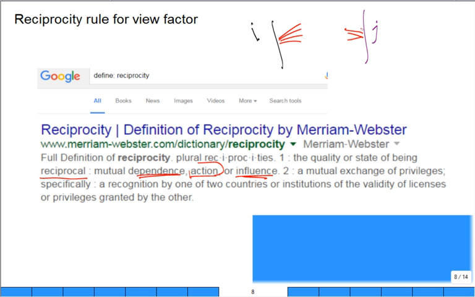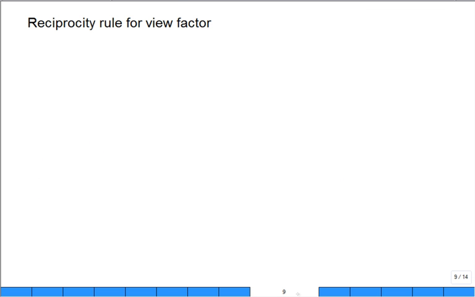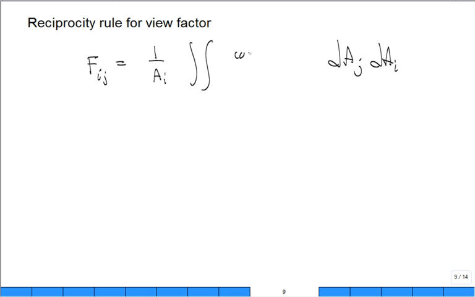If I can see you, you can see me. If the photons from my surface are going to strike you, the photons from your surface are going to strike me. So mathematically, what does that look like? Well, write out the view factor twice. The view factor from i to j is equal to 1 over A sub i, double area integral dAj dAi, cosine theta i cosine theta j divided by pi r squared.